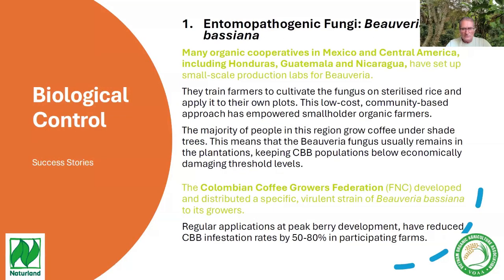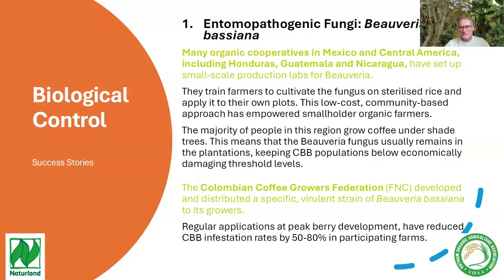And just going now to the Beauveria bassiana, I think most success stories are in Mexico and Central America. So the farmers cultivate the fungus, Beauveria bassiana, on sterilized rice and apply it to their own plots. And it's a low-cost, community-based approach and has empowered many smallholder organic farmers.